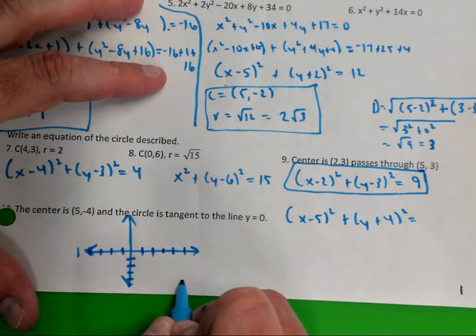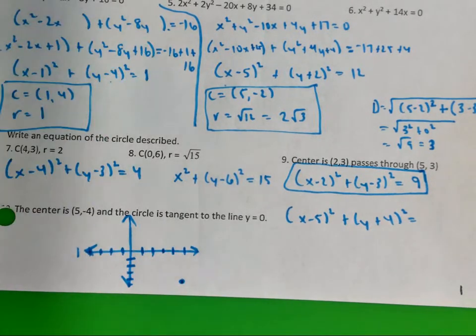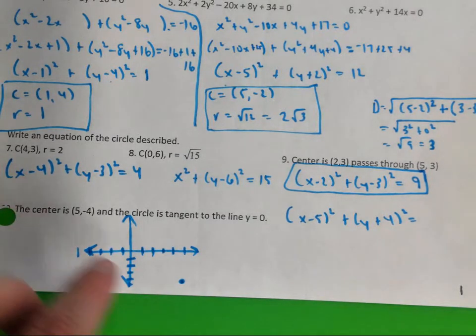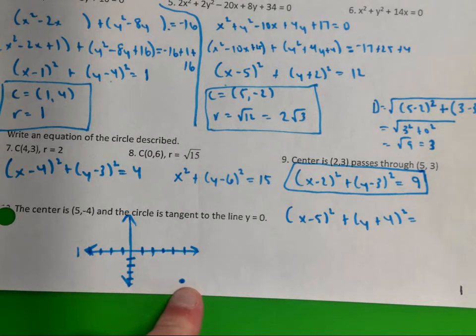(5, -4). My circle is right there. That's the center of my circle. And it says it's tangent to the line y equals 0. Is y equals 0 this or this? This. So there's an imaginary line running right there. That means it touches it. That means the edge touches it there. So if I counted from there to that line, wouldn't that give me my radius?